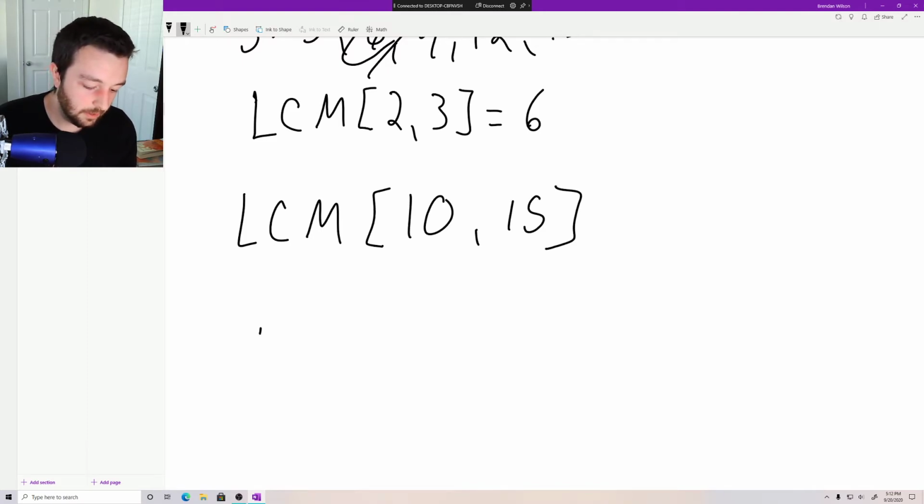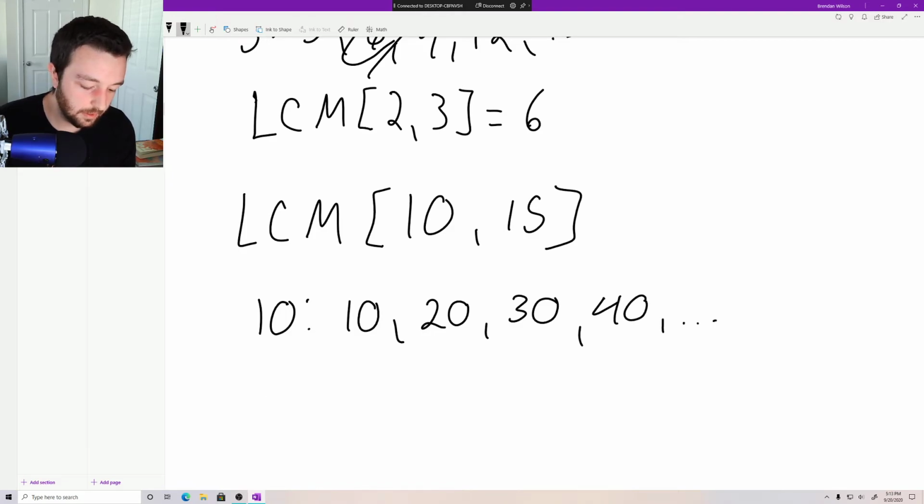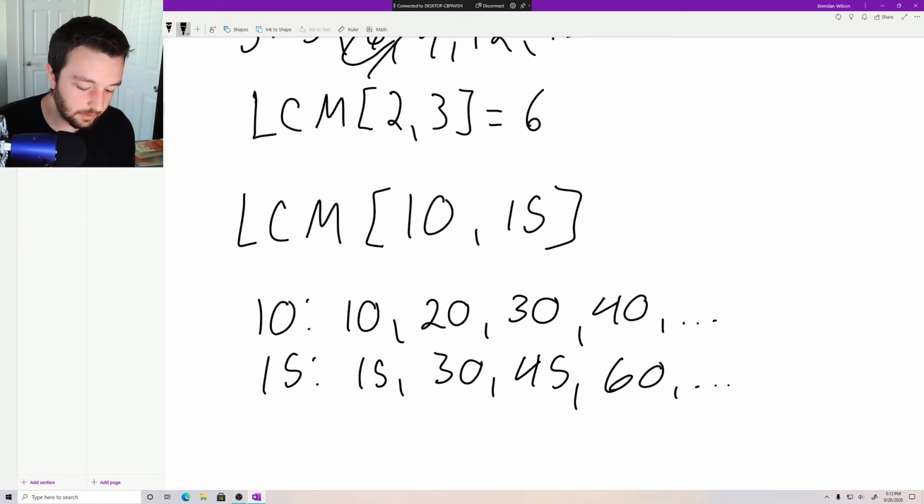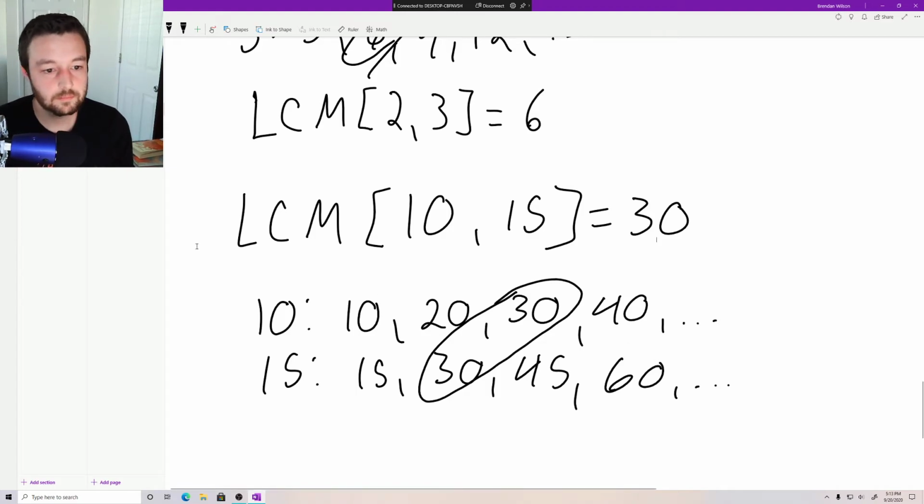For 10, we have 10, 20, 30, 40, etc. For 15, we have 15, 30, 45, 60, etc. So 30 is the smallest number they have in common. So we just list a few of them, and then look to see if they have one in common. If there's more than one, we take the smallest one. If they don't have anything in common, then you would just keep listing until they do.